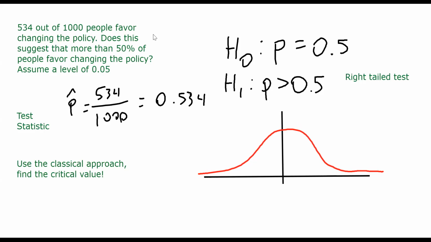What we're looking for is whatever Z value has 0.05 of the data, which is the level of the test, to the right of it.